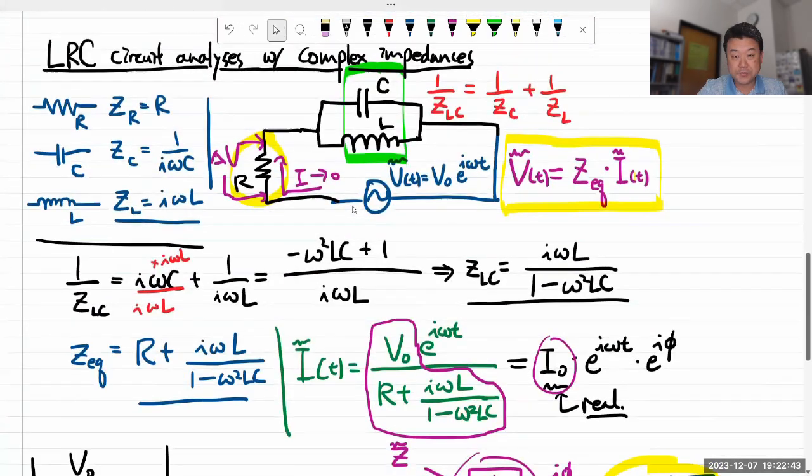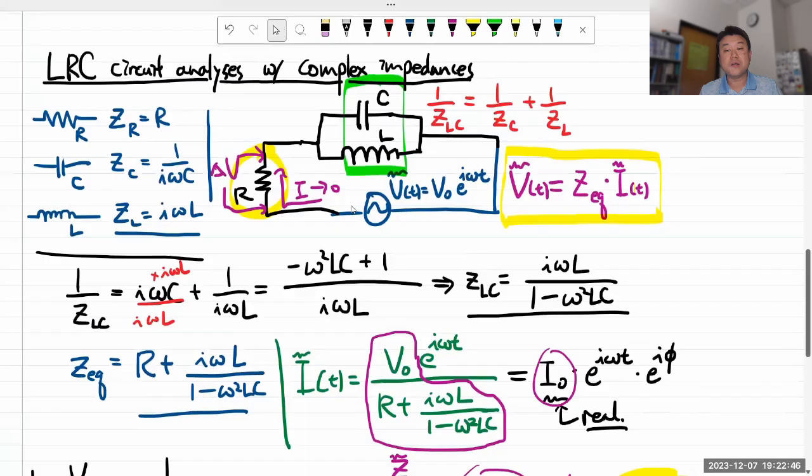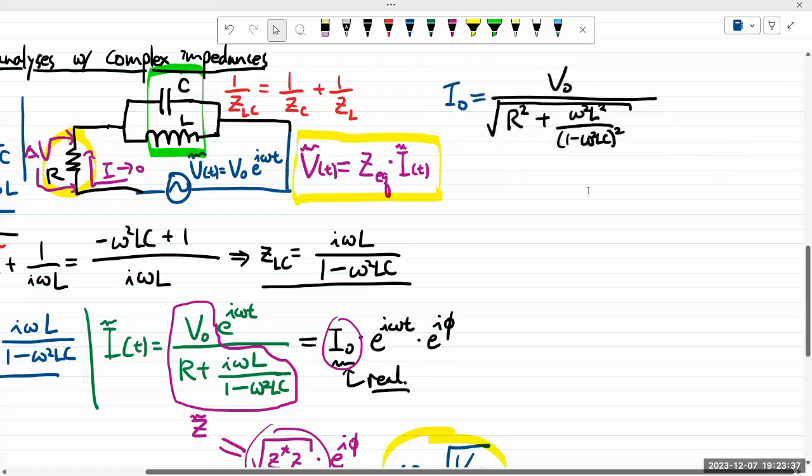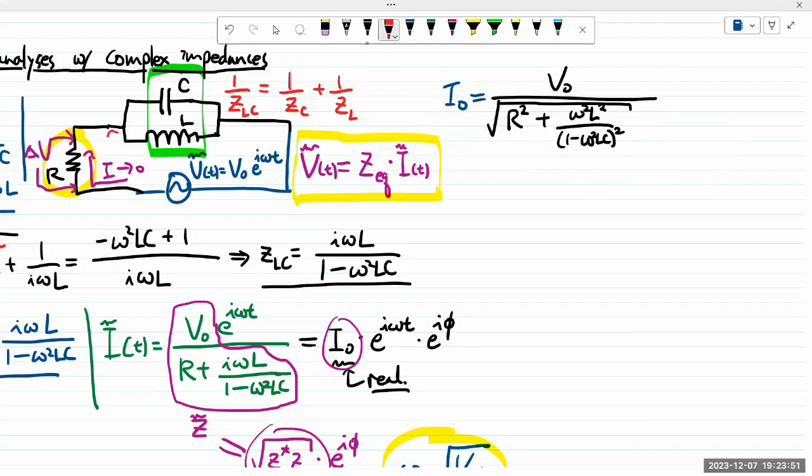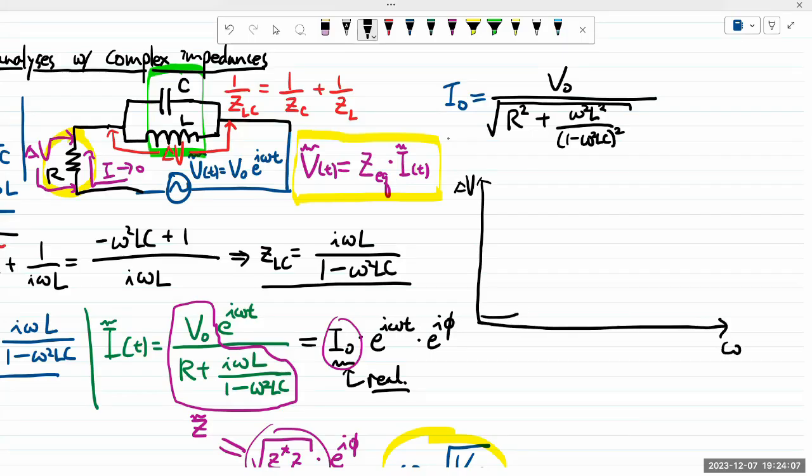So in this circuit, when you go through a similar analysis to what your textbook does, I guess actually I can do the analysis here. So when I have this expression for I naught, the quantity that I'll be measuring for my resonance behavior will be this delta V. And let's say when I do that measurement, I expect that delta V to depend on the driving angular frequency in something like this.